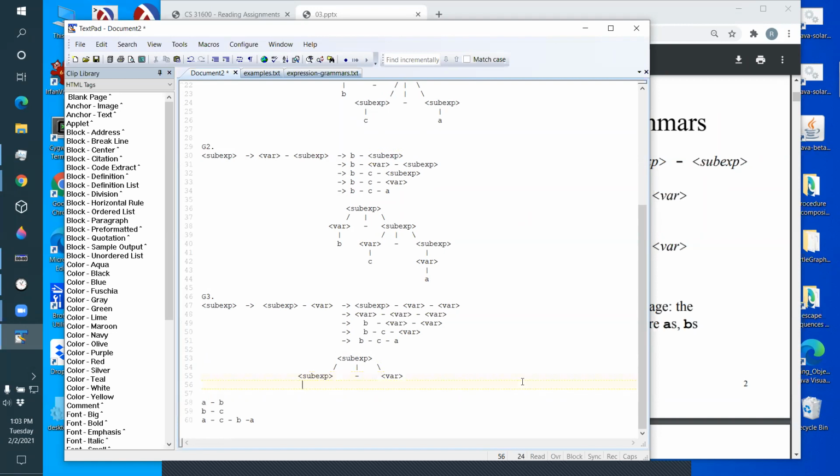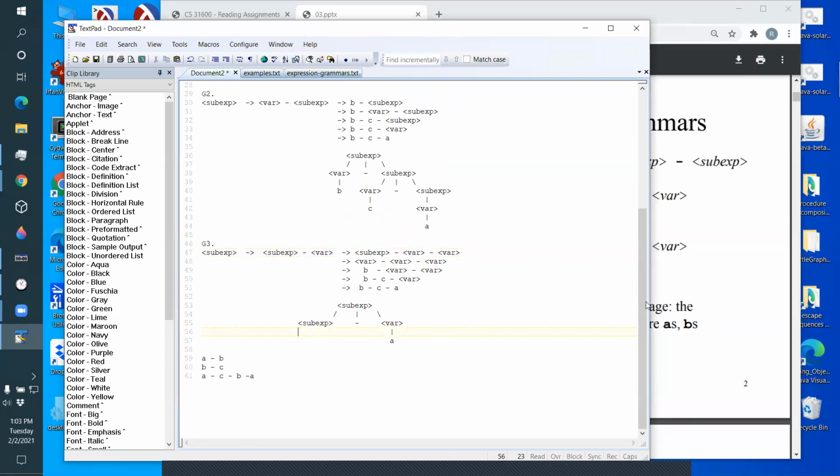Okay, that there is eventually the one that's over here on the right. That there gives us the A. Okay. This sub-expression branched into sub-expression minus there. So this one branched into 3.